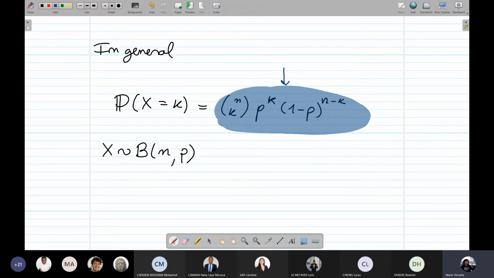You can say it in French if you prefer. It's the binomial coefficient. Ça vient du binôme de Newton. This guy comes from the Newton's binomial.